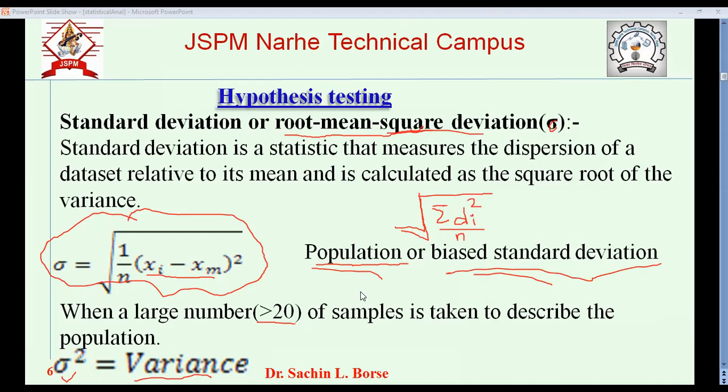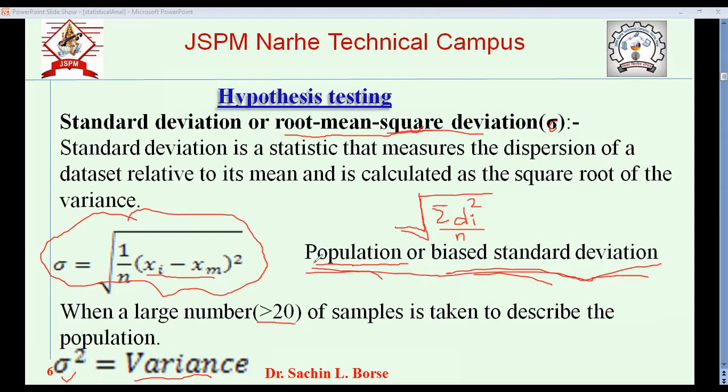So this formula is applicable for what is called the population. It is applied to a large number of readings, generally more than 20. There is another formula for a sample, when the sample is smaller. This is for a big sample.